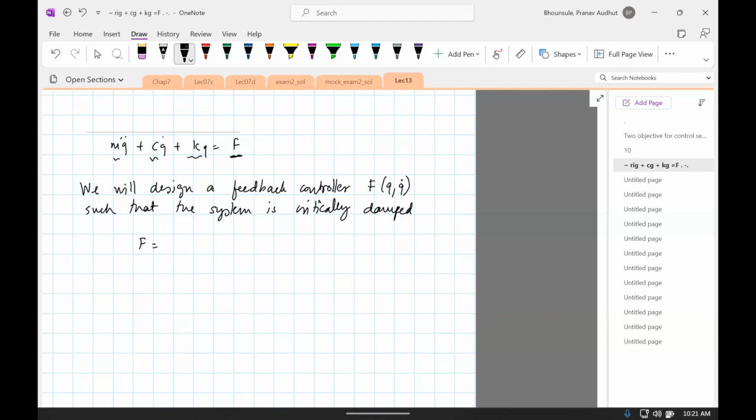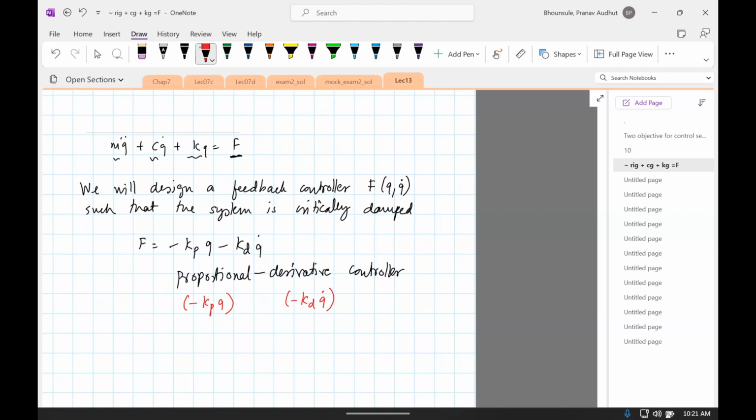Well, the simplest way is to take what they call the proportional derivative controller. So f equals minus kp q minus kd q dot. This is known as a proportional derivative controller. The proportional part is kp times q. The derivative part is minus kd times q dot.